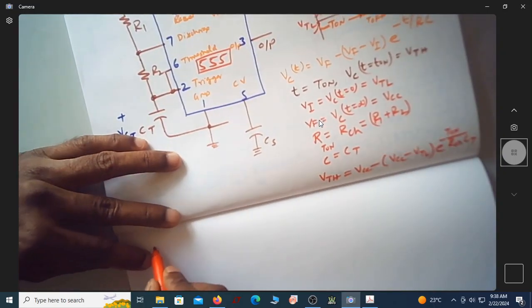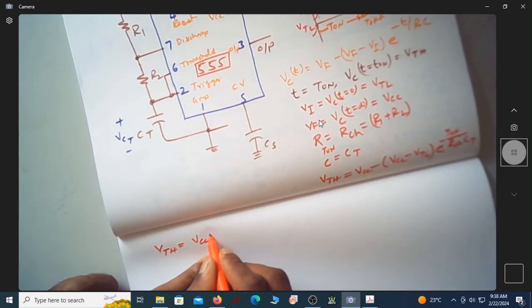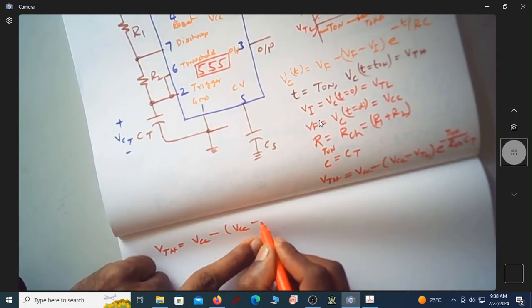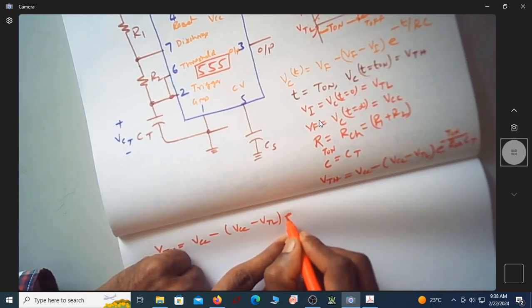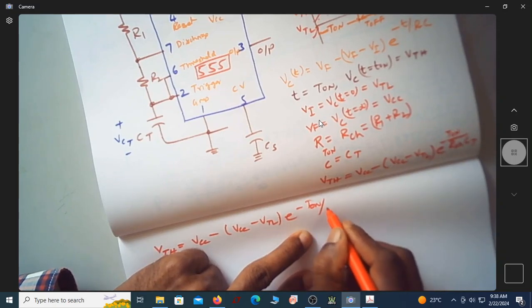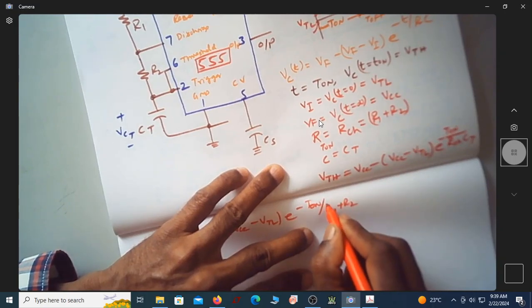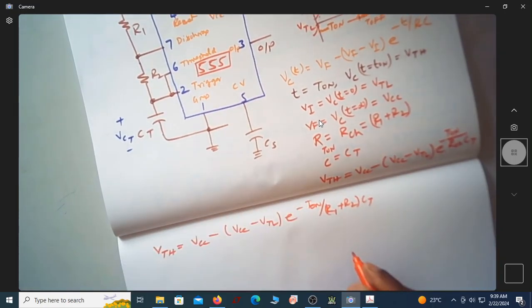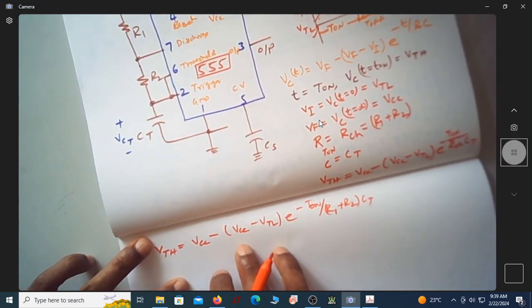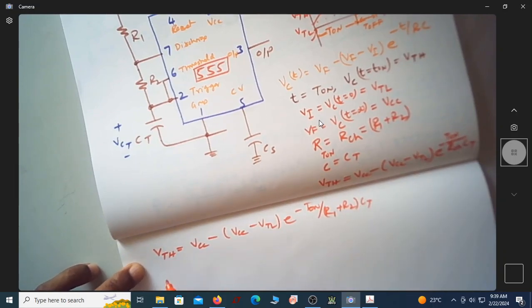Let me rewrite that. VTH is equal to VCC minus VTL e power minus T on by, in place of RCH I can write R1 plus R2 into CT. Now of course you can rearrange all these terms and finally write this expression. Let me redo that. Can I write it as minus VCC?